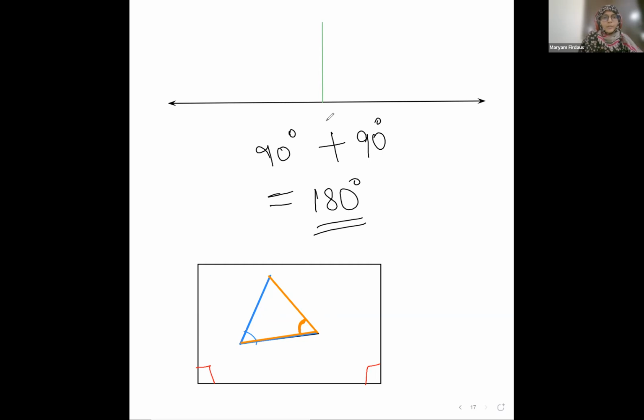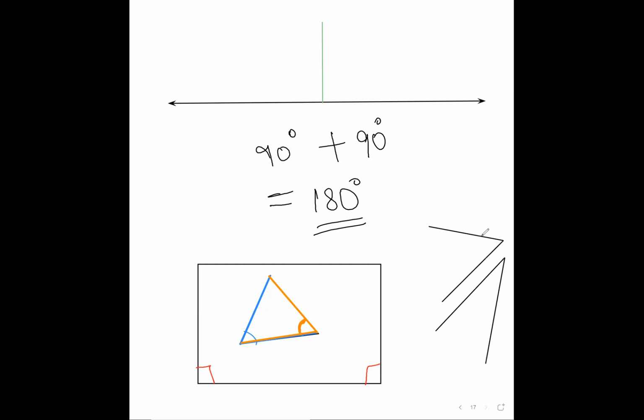Now you have 2 more angles I'm going to give you. Let's say this angle, and you have one more, this angle. Okay. So I'm going to give you, this is one pair of angles.